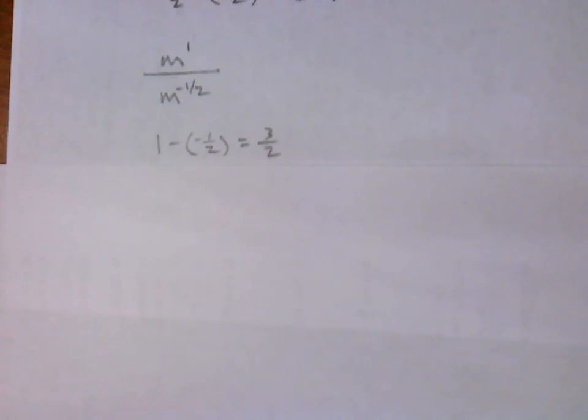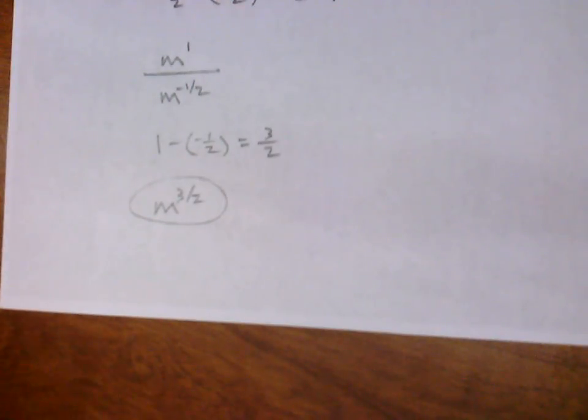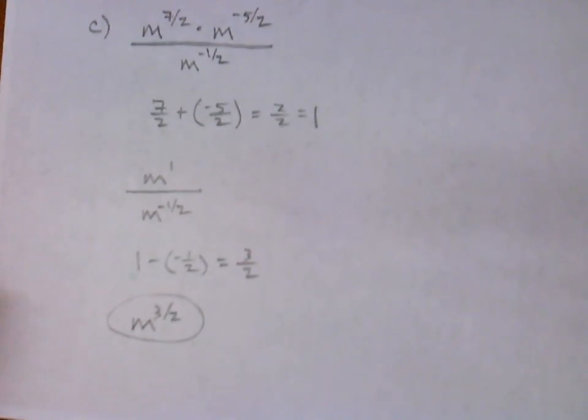I can use my calculator here. It's 3/2. So my final answer, m to the positive 3/2. There's more than one way to go about that one. Again, maybe you got this answer a different way, and that's great. You can certainly do that as well.